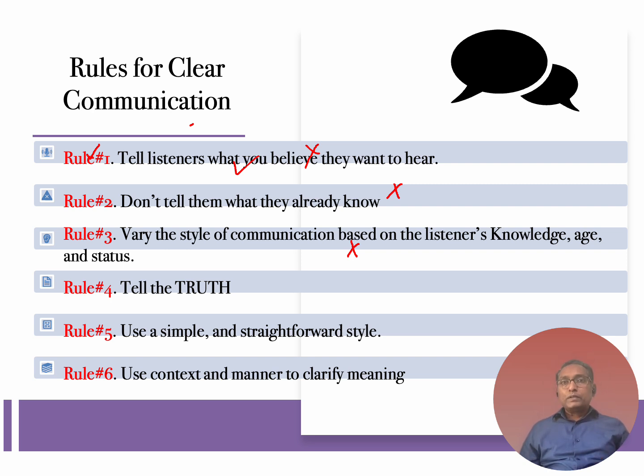Because the listener's general knowledge, the listener's experience in terms of age, and the listener's status in terms of the structural hierarchical context will determine what level of communication you need to adapt. So be flexible in how you restructure your surface structure, taking into account the background of the listener. Rule number four, the very important thing: tell the truth.